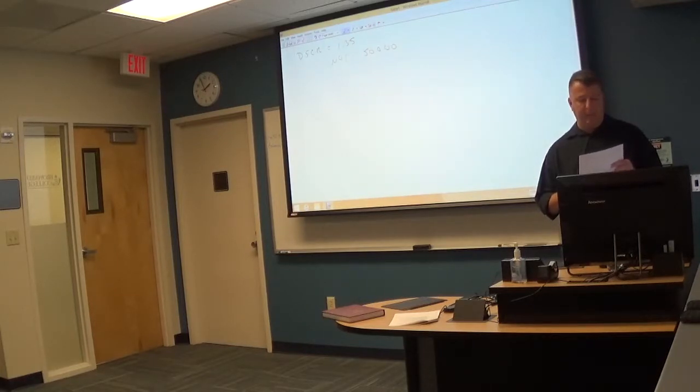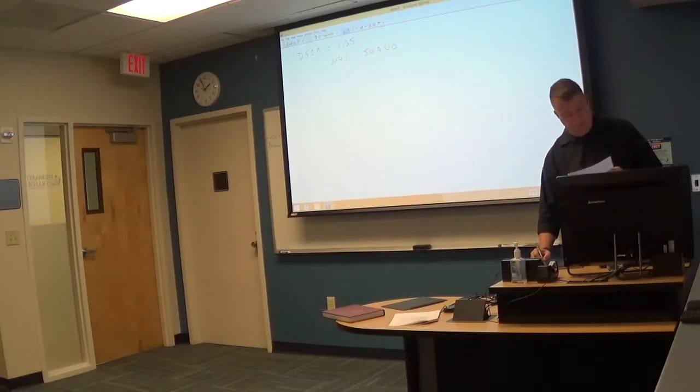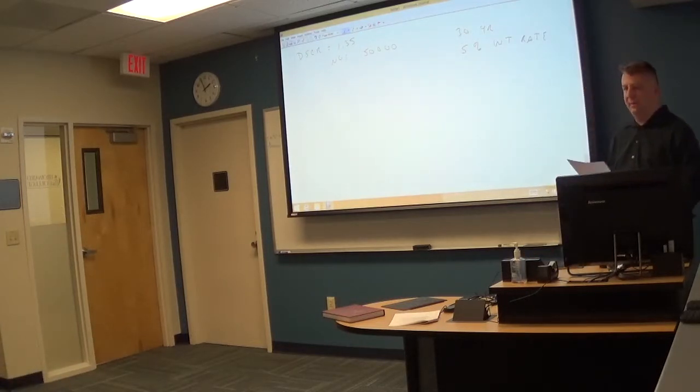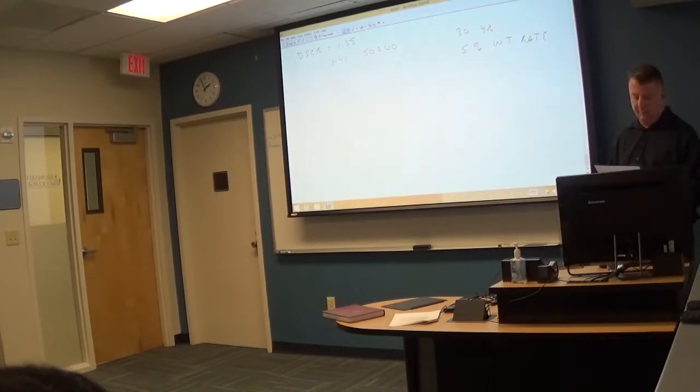Calculate the maximum loan amount that you could obtain on the property, assuming the loan is a 30-year term with a 5% interest rate, and assume monthly payments. So you're being asked to solve for the maximum loan amount on this particular property.